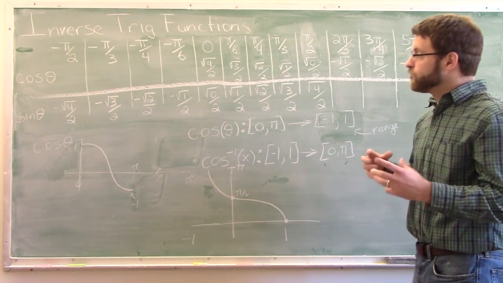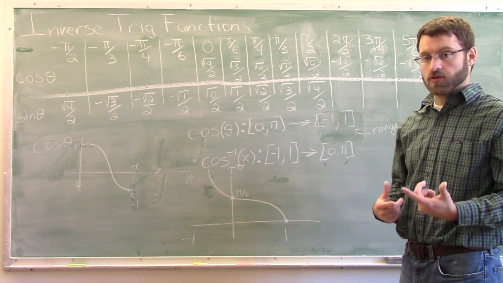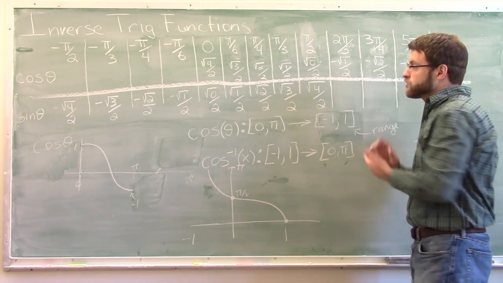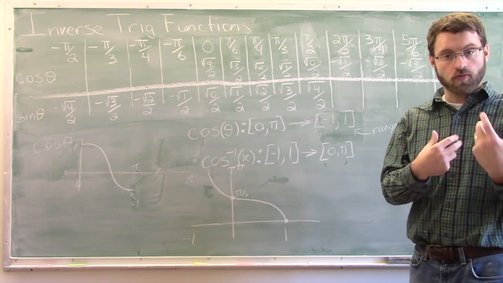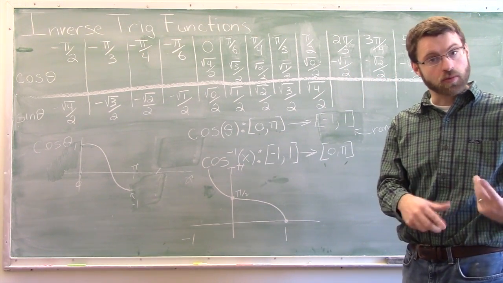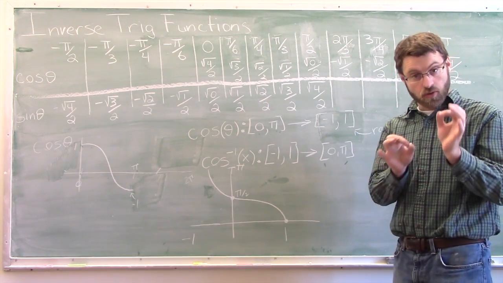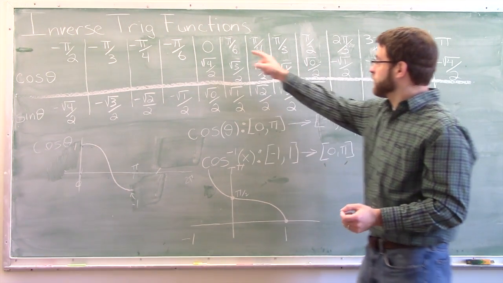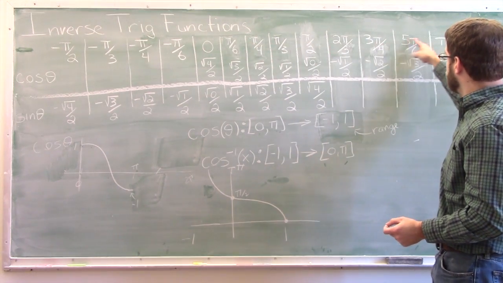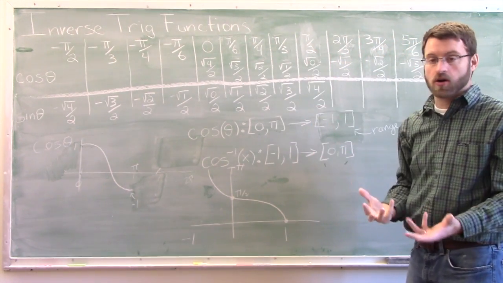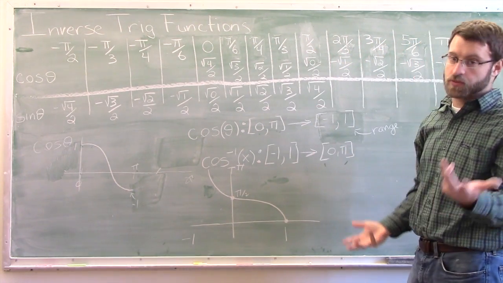And now, if you want to find the values of the inverse cosine function, you can use this table, but in the reverse of the way that we normally use it. So, if I'm trying to compute a value of cosine, I think about finding the input on the table. So, suppose I want to know the cosine of 2/3 pi.